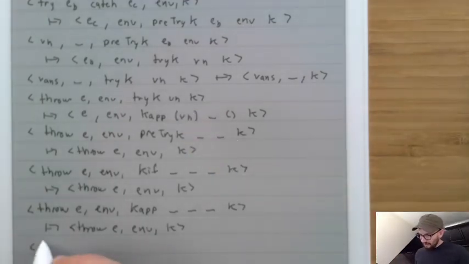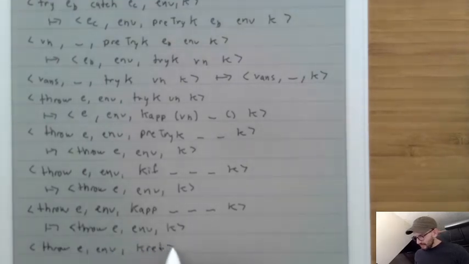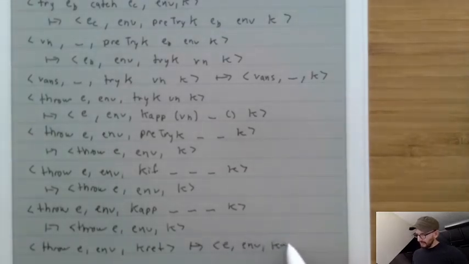Eventually, however, we may get to a K-ret. And if we get to a K-ret, then that means that there was never any catch handler installed. In that case, we're going to just focus on the E, leave the environment alone, and leave the K-ret there.